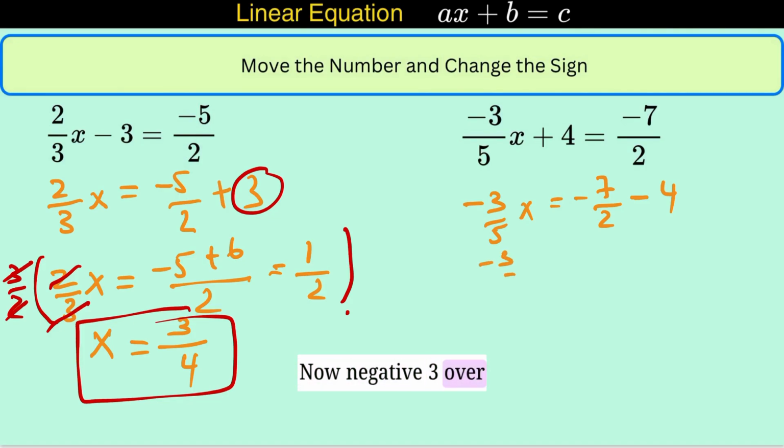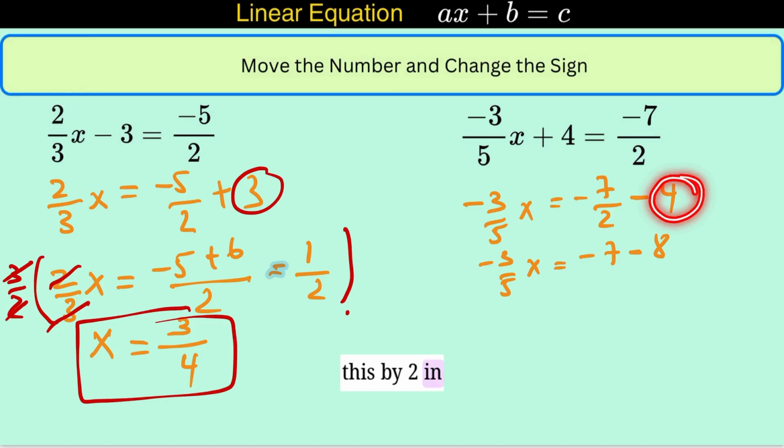Now, negative 3 over 5x will equal, so here the common denominator is 2, so negative 7, negative 8, because I'm going to multiply this by 2 in order for me to get the 2 at the bottom. So negative 7, negative 8 is equal to negative 15 over 2.